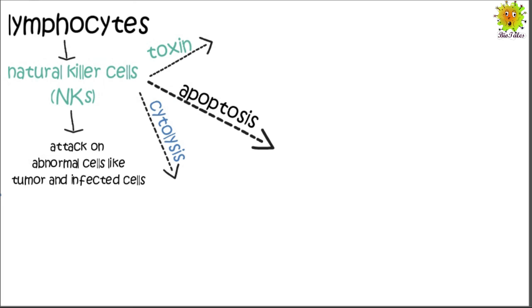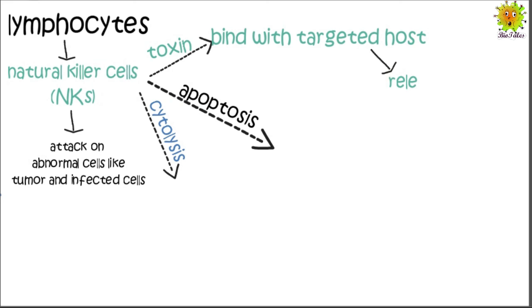Now let's discuss the details of all these methods. When a natural killer cell binds with a human cell, it induces the release of toxin from a vesicle present inside the natural killer cell and thus kills the targeted host cell. Let's see how cytolysis occurs due to natural killer cells.